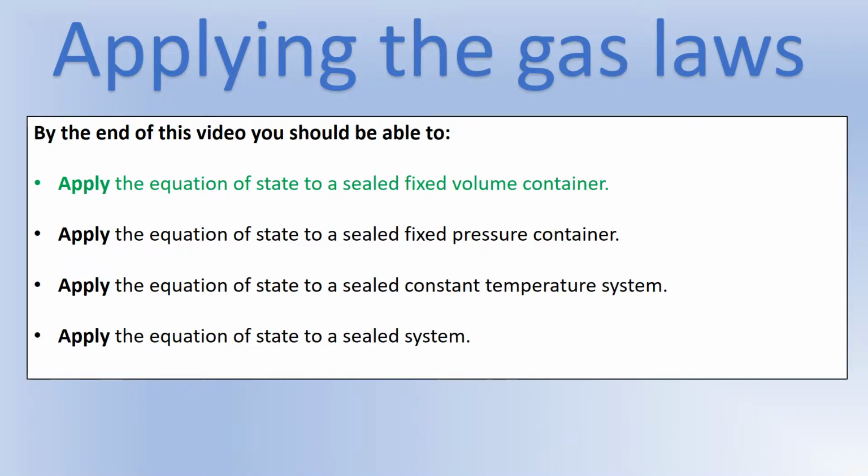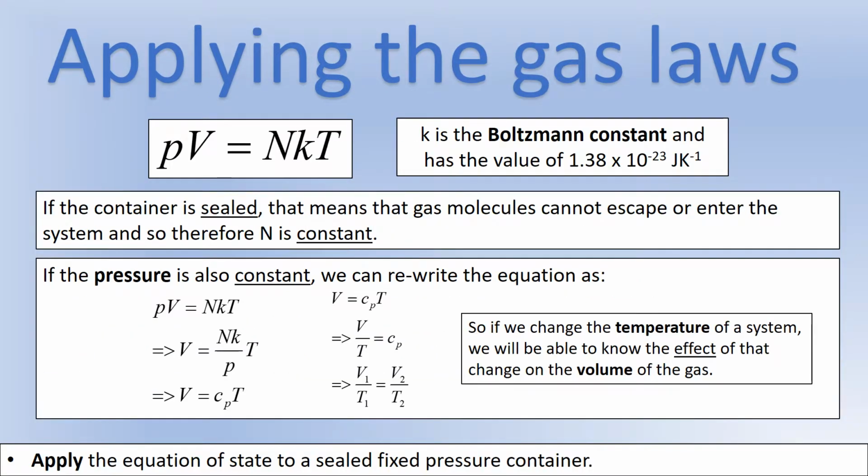Let's have a look at a sealed but fixed pressure container. The first thing is to explain how we achieve a fixed pressure. What we have is a container that is able to change its volume to equalize the pressure. A syringe might be an example, a piston might be another example of this. So if we've got constant pressure, I'm going to make volume the subject in the equation, which we can see on the left-hand side.